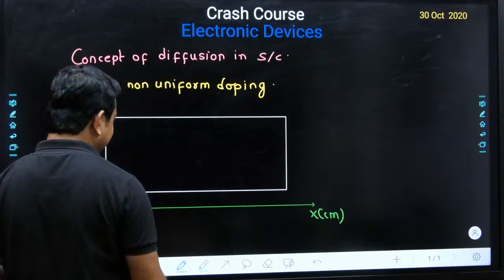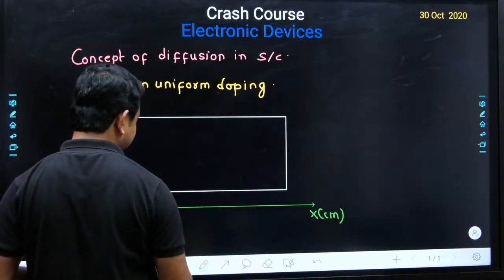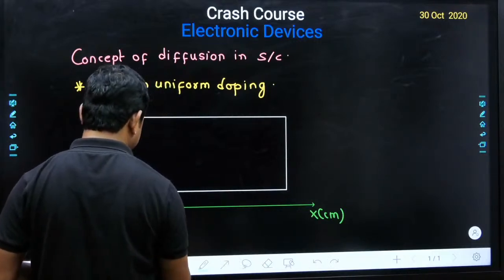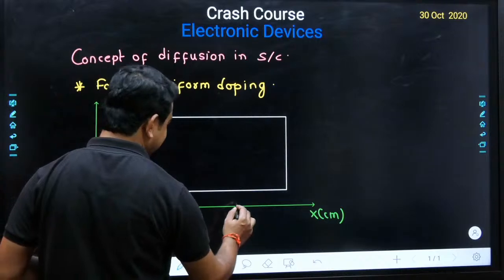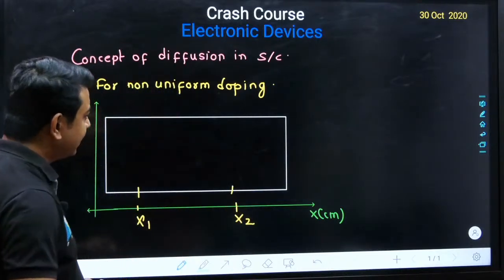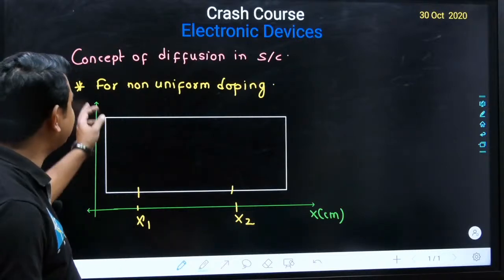So now what will happen at two different points? Suppose this is the distance x1, and similarly we take x2. These are the two different points, and we have to dope this semiconductor non-uniformly.